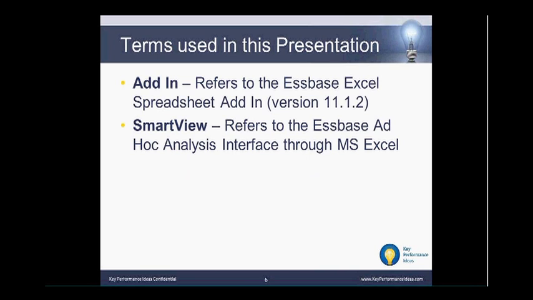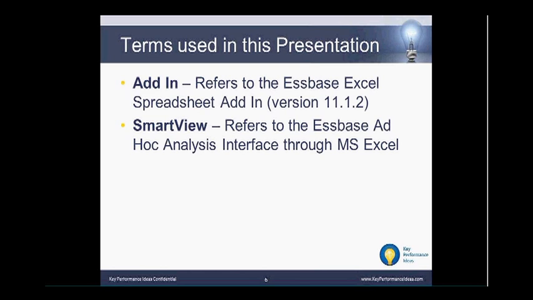Just to clarify, because I'll be referring quite a bit back and forth to the add-in as well as to SmartView, the terms I'm going to be using: when I say add-in, I'm referring to the legacy Essbase Excel spreadsheet add-in, primarily talking about version 11.1.2, but some of the features are available in older versions as well.